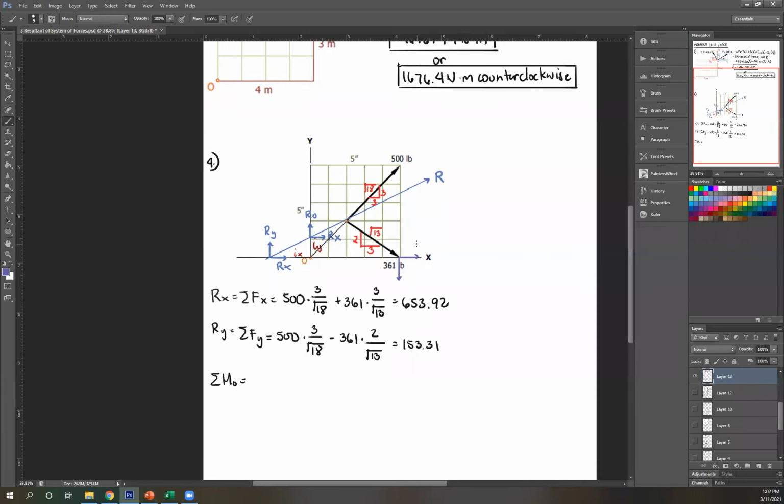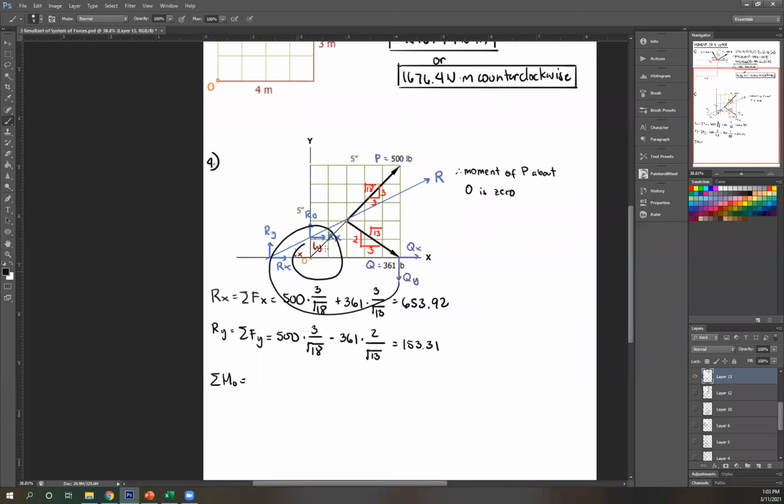So let's call this P. Let's call this Q. So this now is QX, this is QY. Okay. So moment of P about O is 0. That's why I'm not including it here. Next, QX passes through O, so again, don't include it.